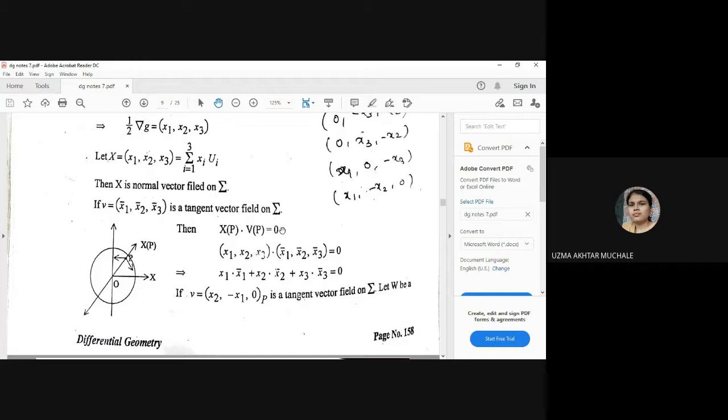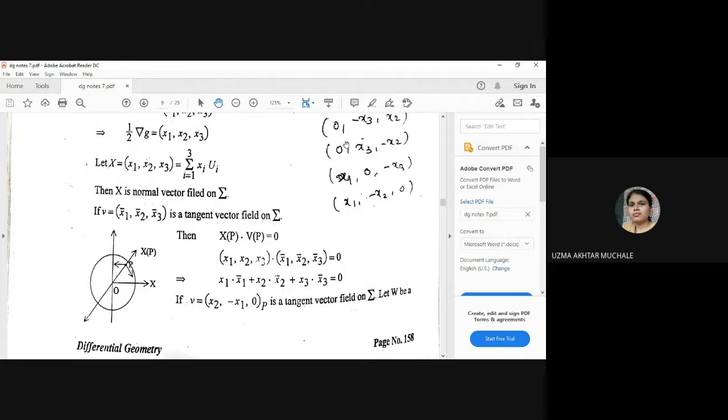The dot product should be equal to 0. So we are finding a vector v whose dot product with the normal vector is equal to 0. Correct? Hence we have found these vectors, whose dot product with x1, x2, x3 will be 0.